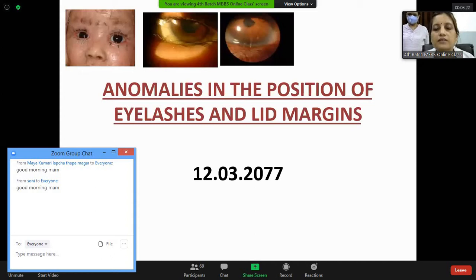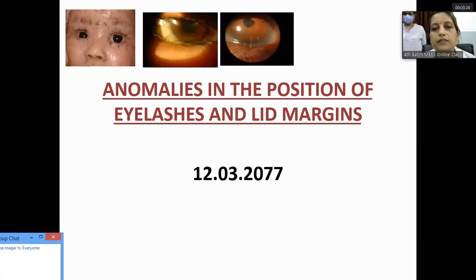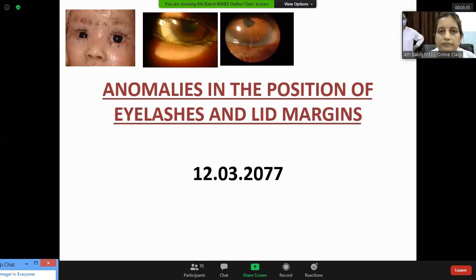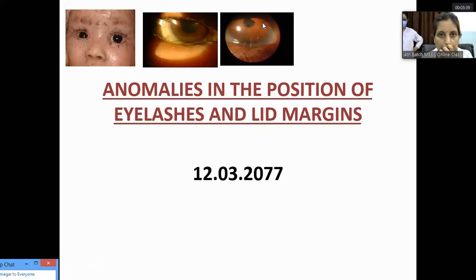So we were discussing the lid. Today we will be discussing some of the disease conditions of the lid: anomalies in the position of eyelash and lid margin. What are the pictures over here? You can see some of the conditions.